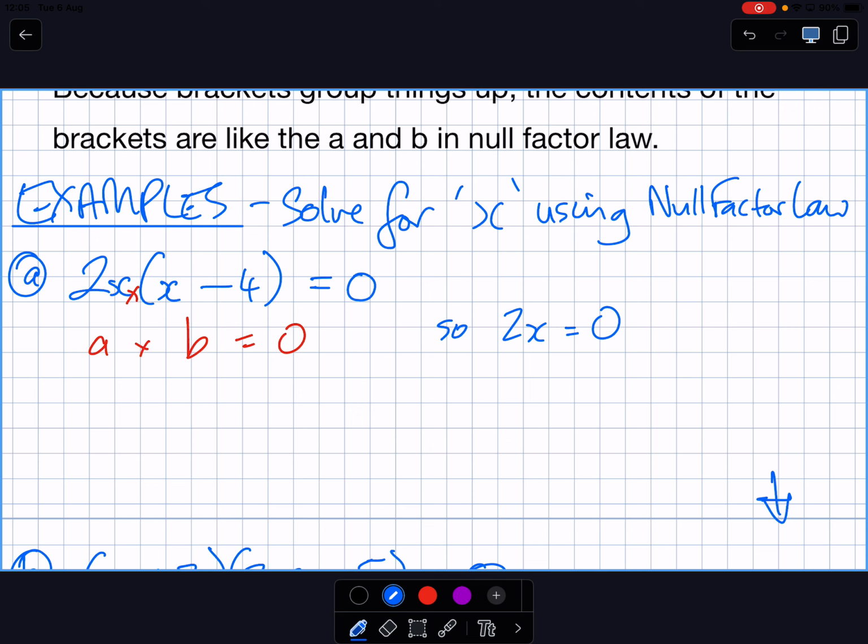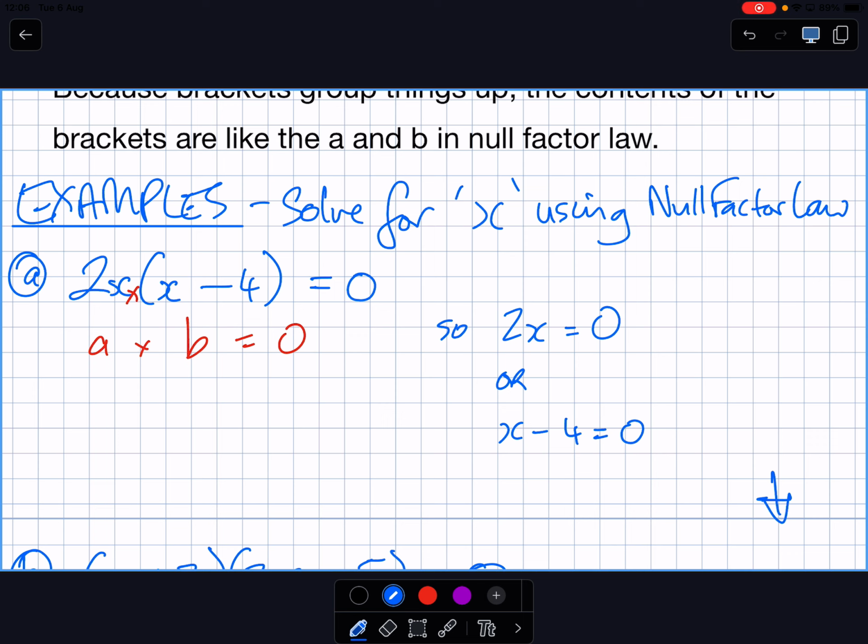What's b in this question? What's in the brackets? x take 4. So 2x is equal to 0 or x take 4 equals 0. See how there's two pathways of two possible answers now?